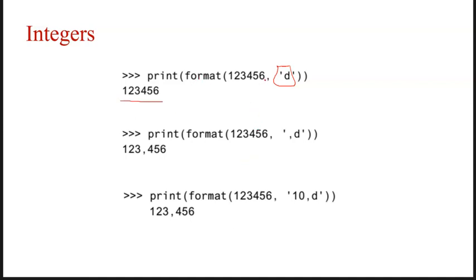Even if this is a floating number, it's going to convert it into an integer. If you want to add commas, there's no decimal place because integers don't have decimal places, but it's going to have a comma if you want to add one to your number. You can also add spaces as we did in the previous case. You can see that the number is printed out over here, and then there are some extra spaces because you have assigned some space to the number.